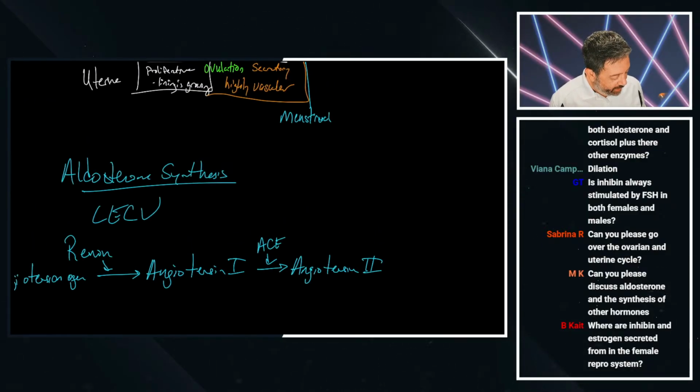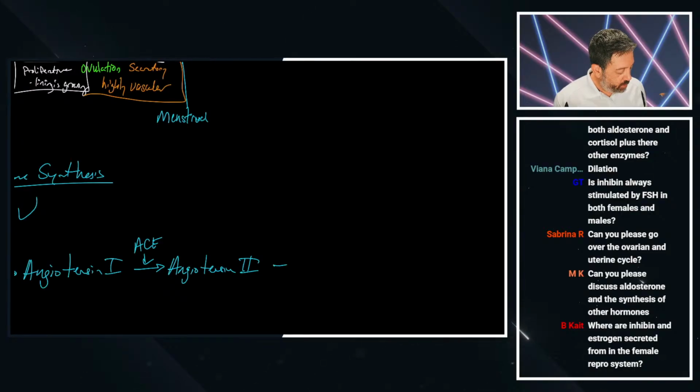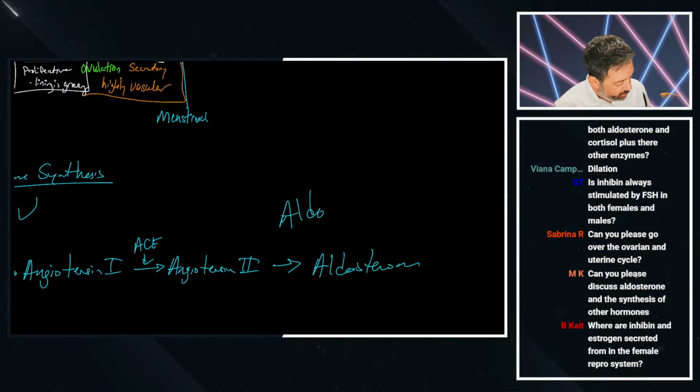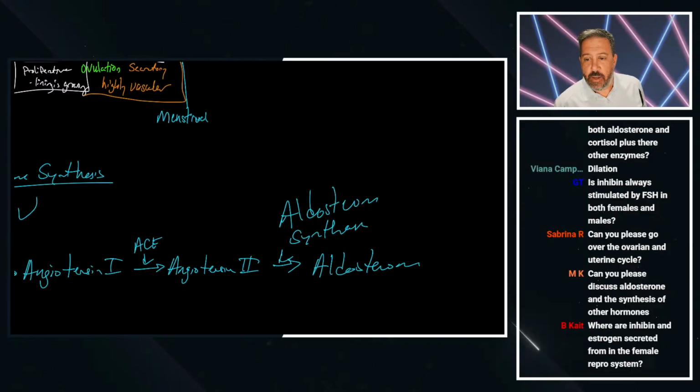Now, this angiotensin 2 goes to the adrenal cortex in the zona glomerulosa, where it binds to the AT1 receptor, where the enzyme aldosterone synthase provides that boost to get to aldosterone.